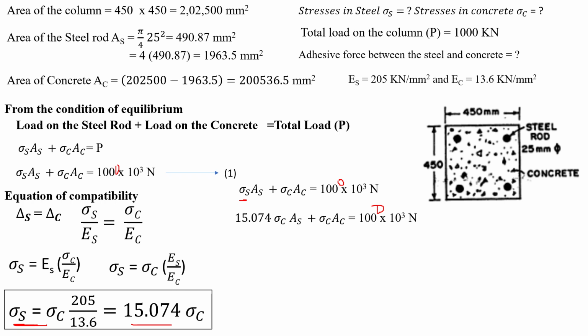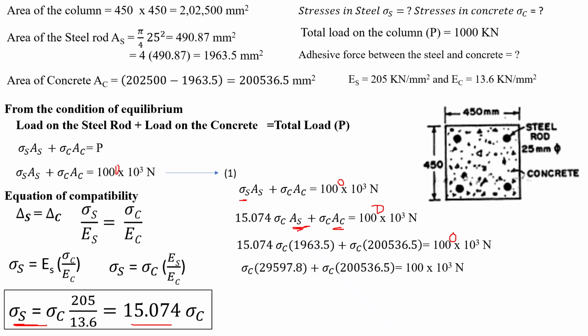So we know AC value as well as the AS value. Substitute here. Then the equation will become 15.074 sigma C into AS value, which is 1963.5, plus sigma C into AC value, which is 20536.5, equal to 1000 into 10 to the power 3 Newtons.